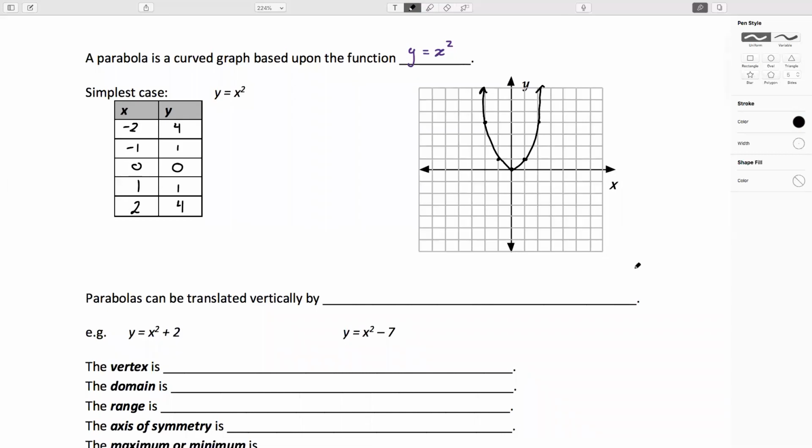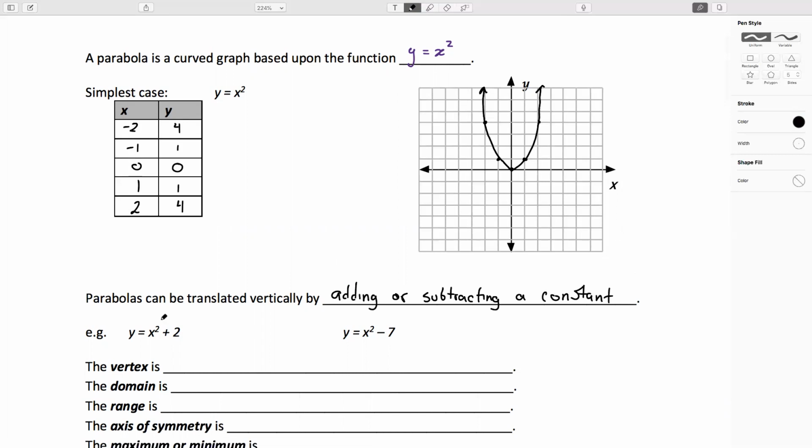Parabolas can be translated vertically by adding or subtracting a constant.